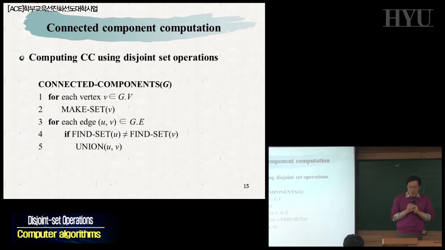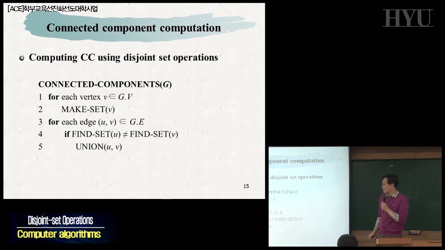It looks at all the edges of the graph, and if they are connected... For each edge, what is the meaning of this? If find-set of U isn't equal to find-set of V, that is, if the representative of the set U belongs to differs from the one V belongs to, yes, then we join the two. So U and V were in different connected components.